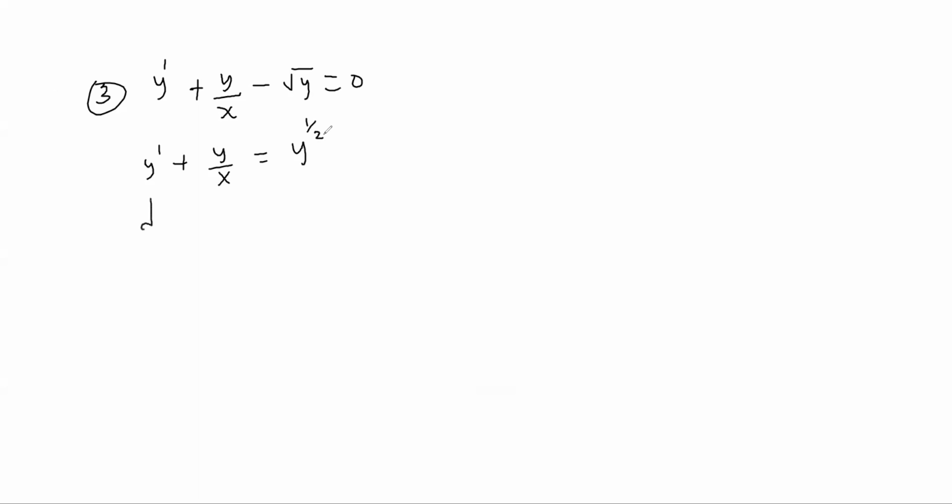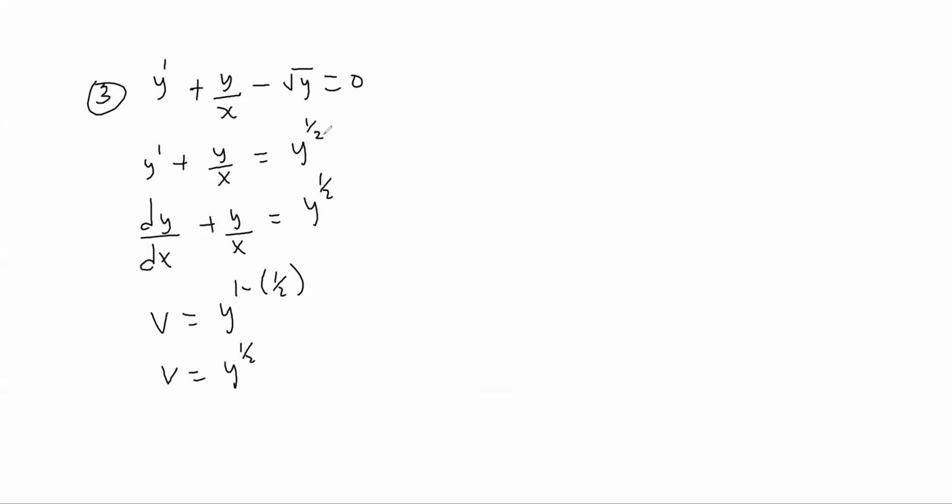So this can be written as dy by dx plus y over x equal to y raised to the half. So I know that my n is equal to half. So v is equal to y raised to the 1 minus n, which is half. So v will be equal to 1 minus half, which is half.